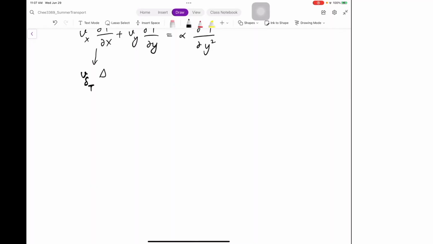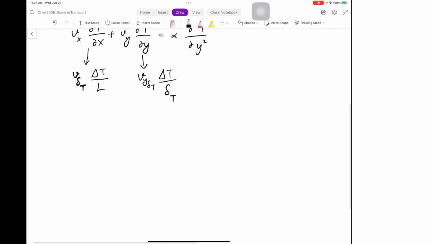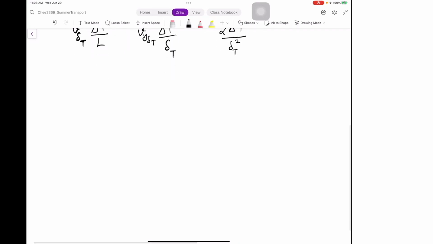Times delta T over L. And then this scales with Vy delta T over delta T. And this one scales with alpha delta T over delta T squared. Okay.